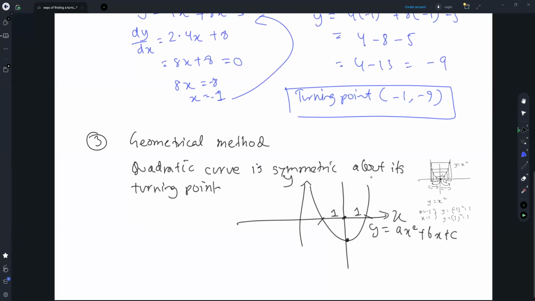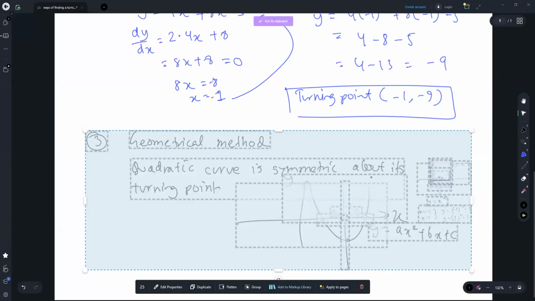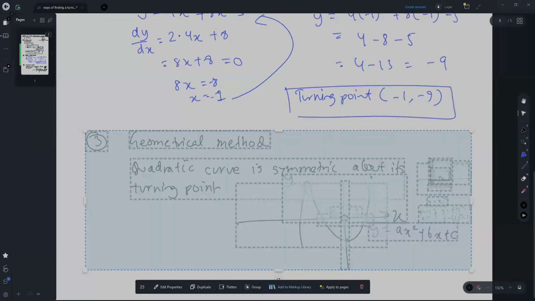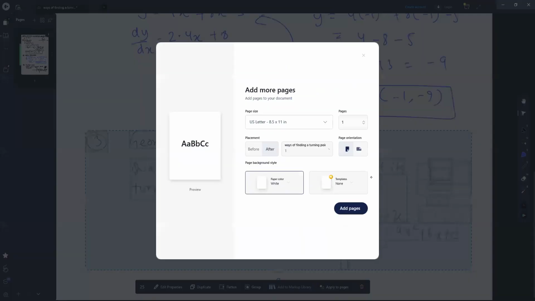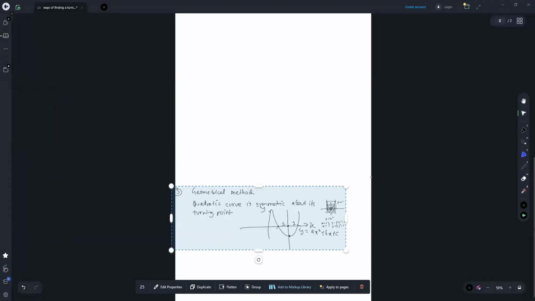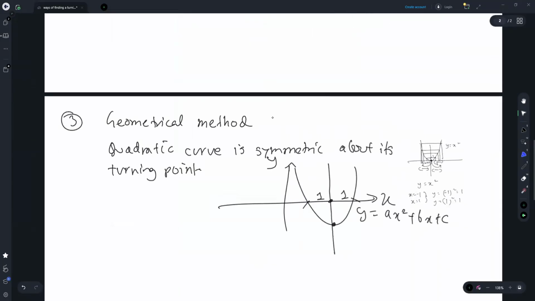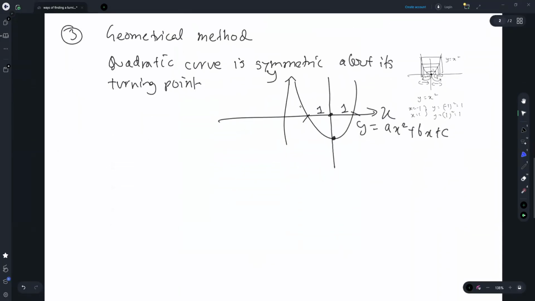All right. Actually, let me just do this on the next page. Okay. So here we go. Now let's talk about the actual curve again.